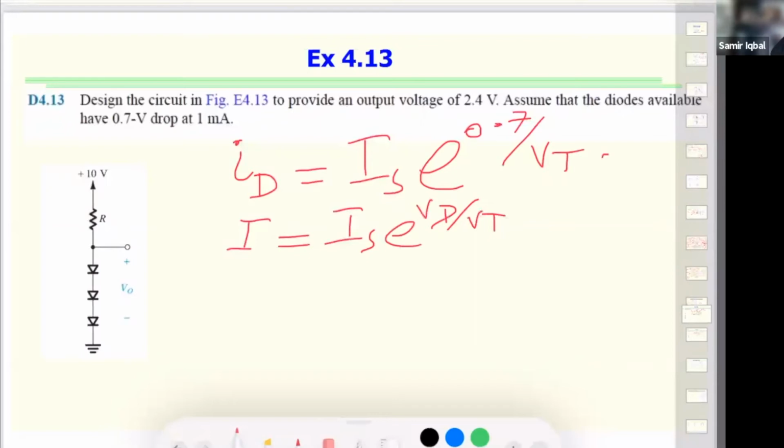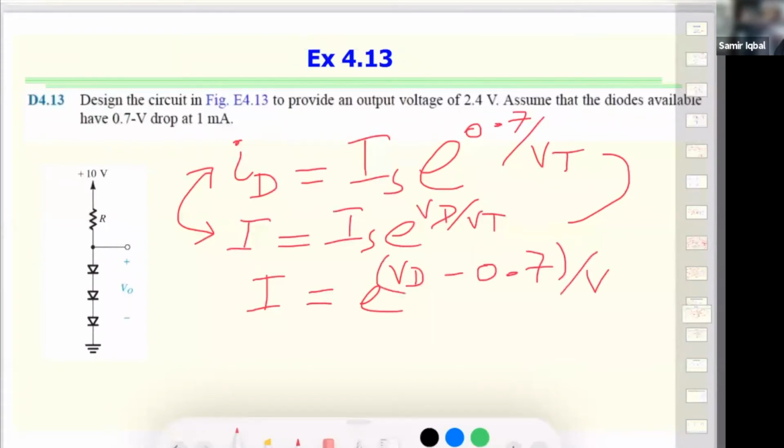Now if I combine this, we can find an unknown current, and that would be e to the power V_D. What I've done is just equate these two, with minus 0.7 over V_T. Here, let me just correct this: this one is 1 milliamp.